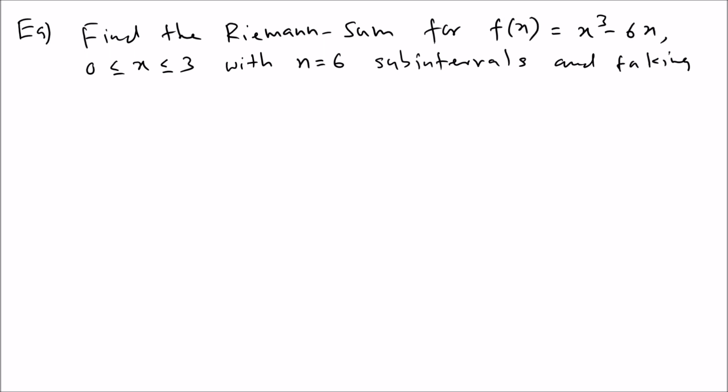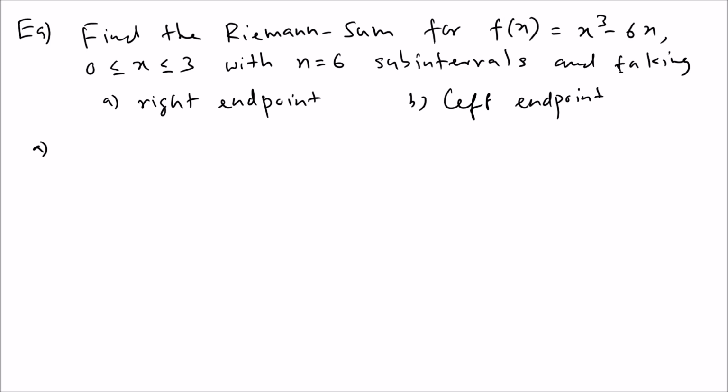We need to decide what we're going to pick, so it's not always obvious. We're going to do two cases. The first case is the right endpoint, and the next one is the left endpoint. So let's do the right endpoint first. Part A, right endpoint.